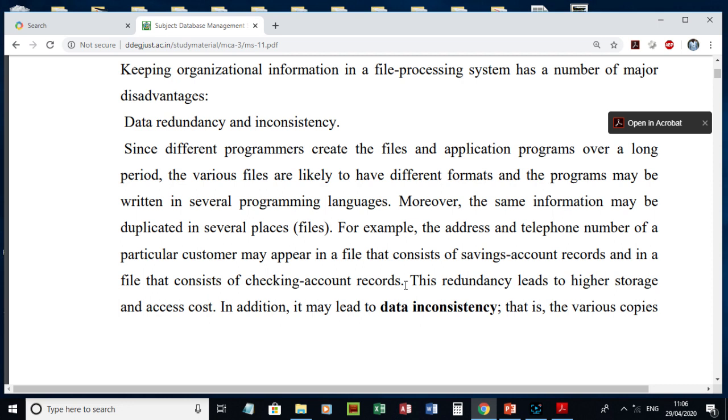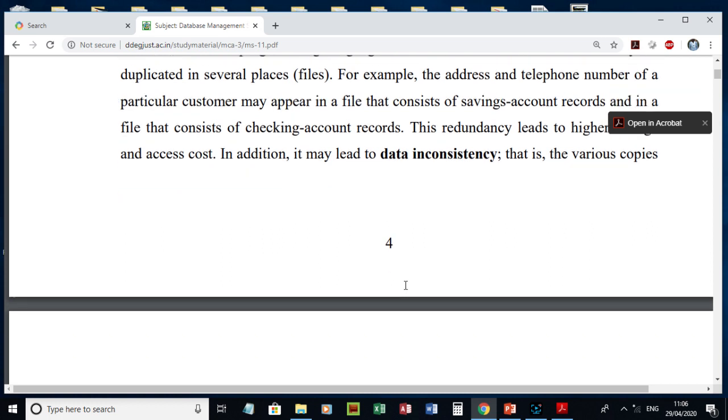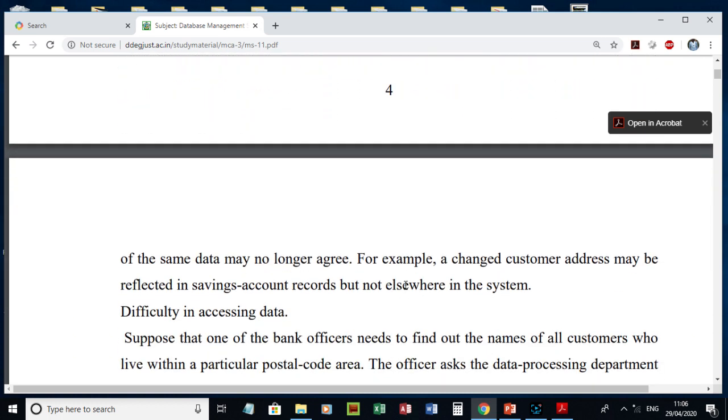In addition, it may lead to data inconsistency. Because data is repeated in different places, it may not be consistent. Various copies of the same data may no longer agree. For example, a change of customer address may be reflected in savings accounts but not elsewhere in the system.